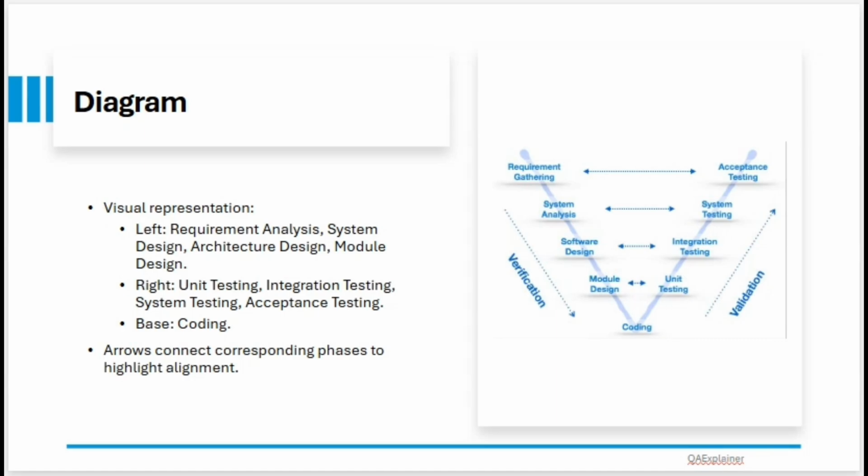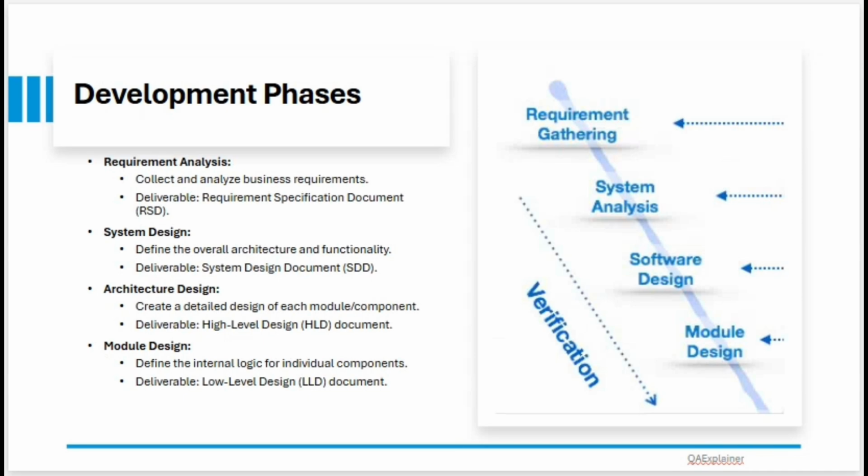Now, let me start explaining each and every phase in a quite detailed way. So first thing is our development phase. The development phase contains these four phases: requirement analysis, system design, architectural design, and module design.